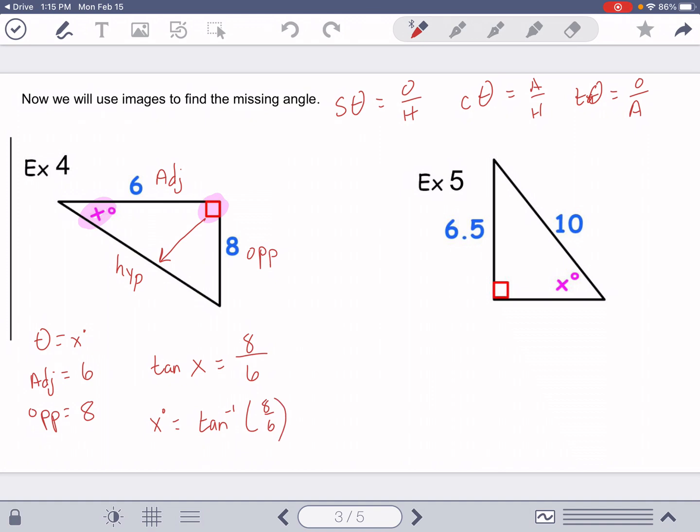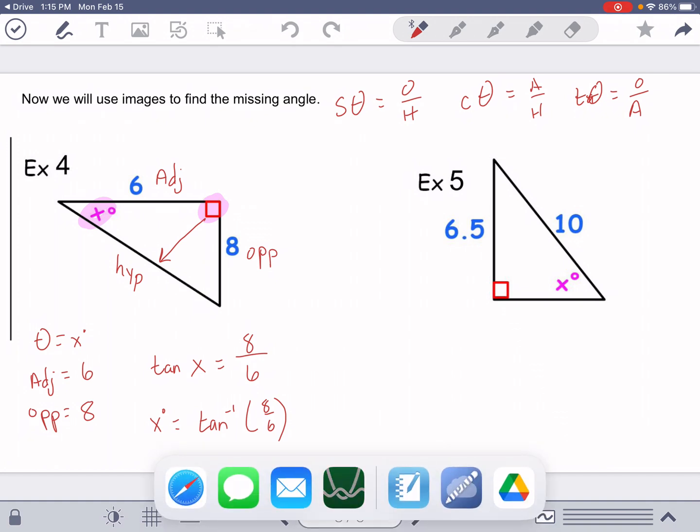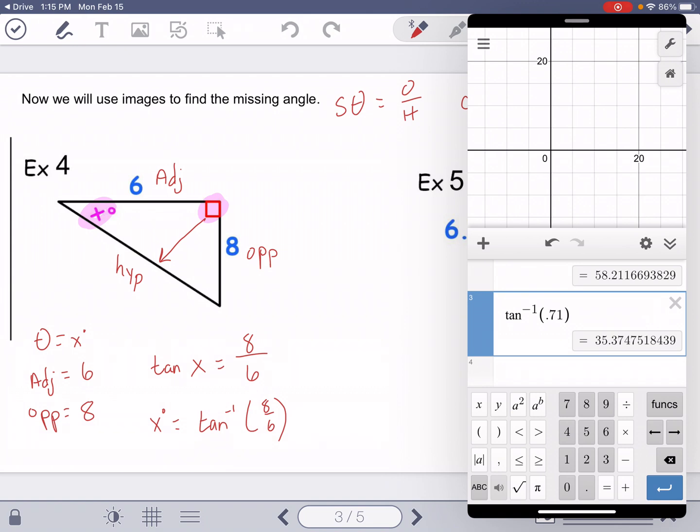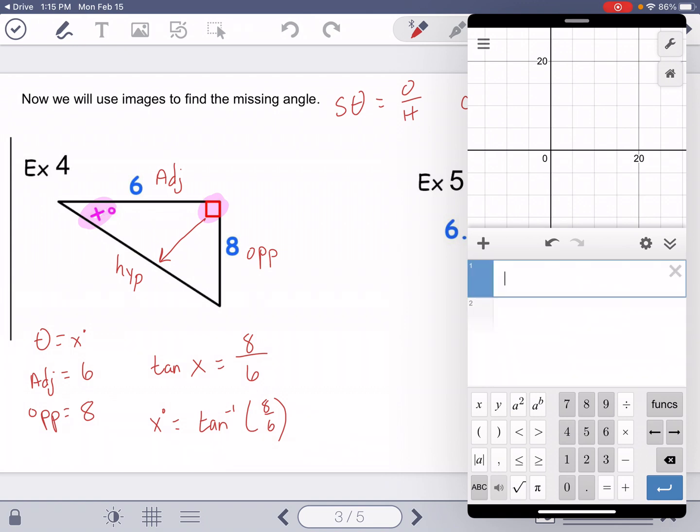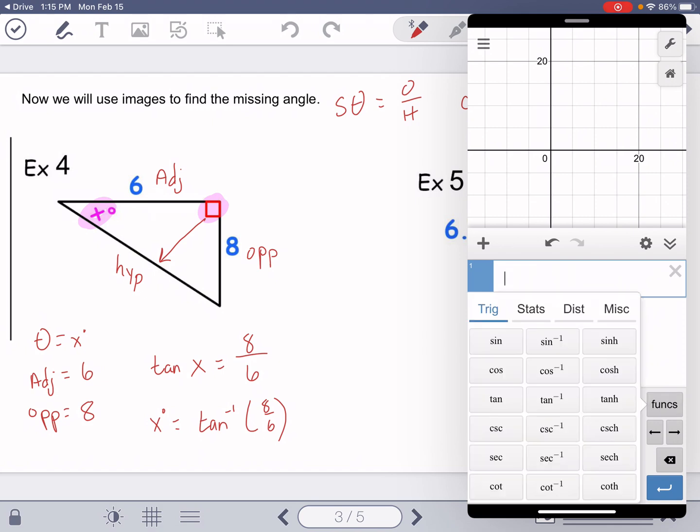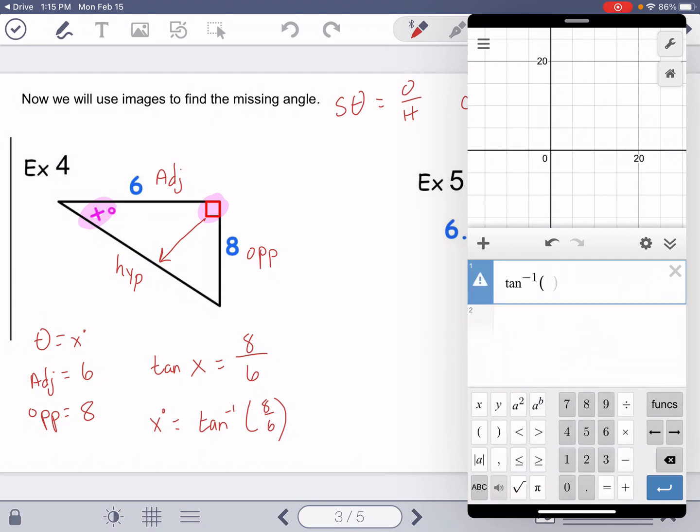Earlier you were just typing in a decimal, but decimals are numbers, fractions are numbers. We can type either one into the calculator. So let me clear out what I've got, go to the inverse tangent function, type 8 divided by 6, and close my parentheses just to make sure. So that angle is 53.1 degrees.